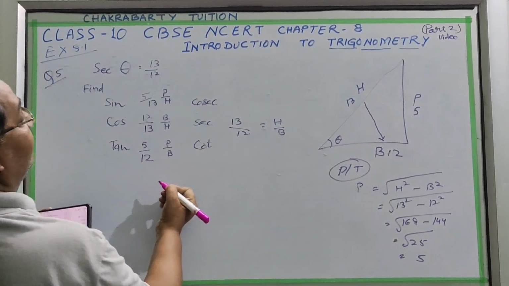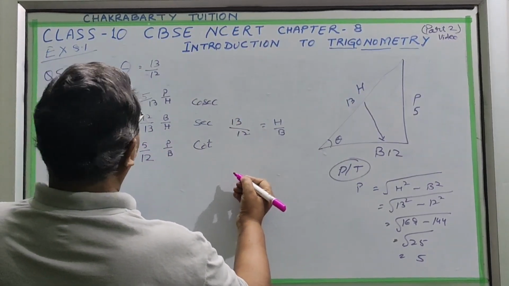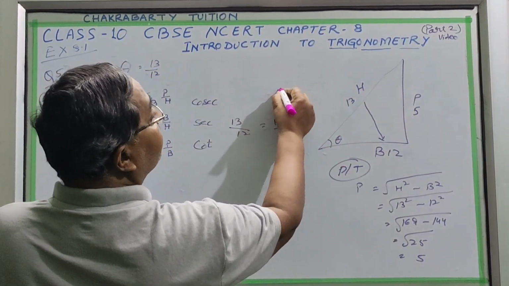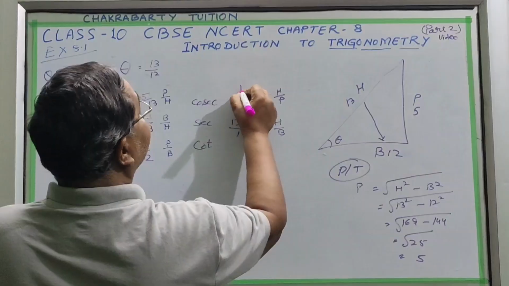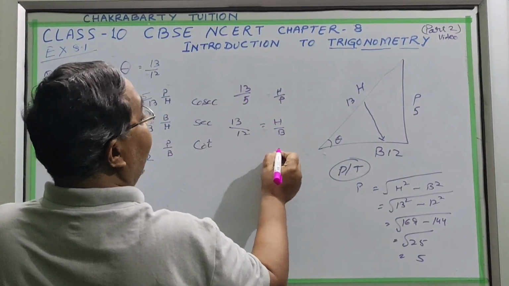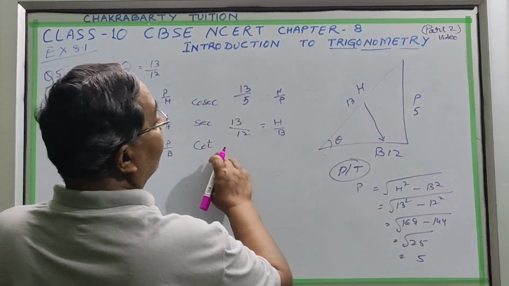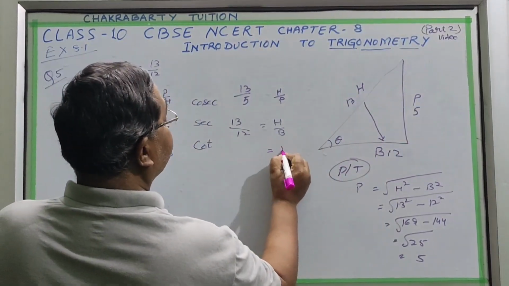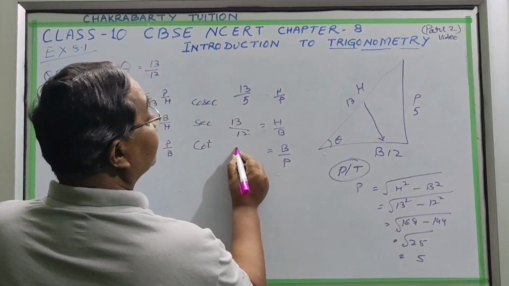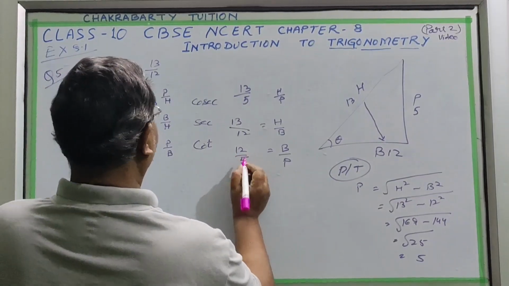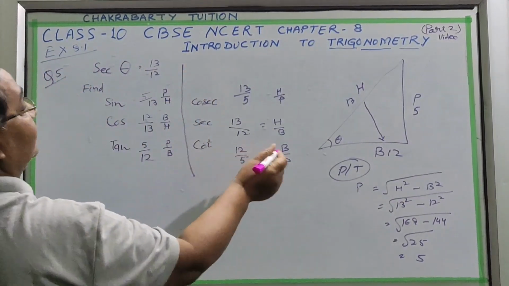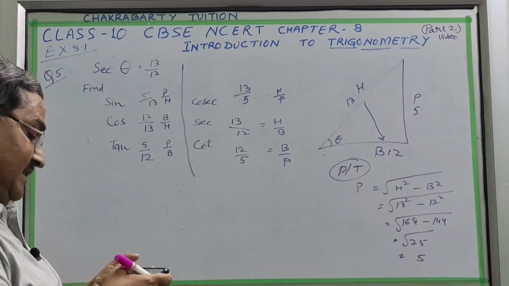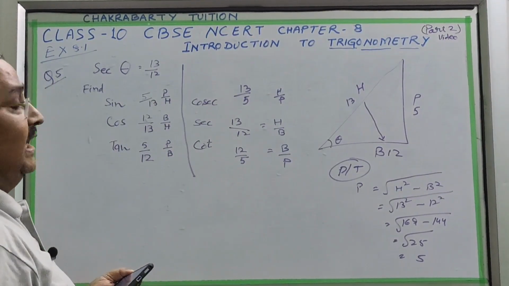Now cosec means h upon p, so it will be 13 by 5, and cot will be b upon p, so it will be 12 upon 5. Okay, so these are all the ratios. This 5 is over. Now we will go to question number 6 and do that.